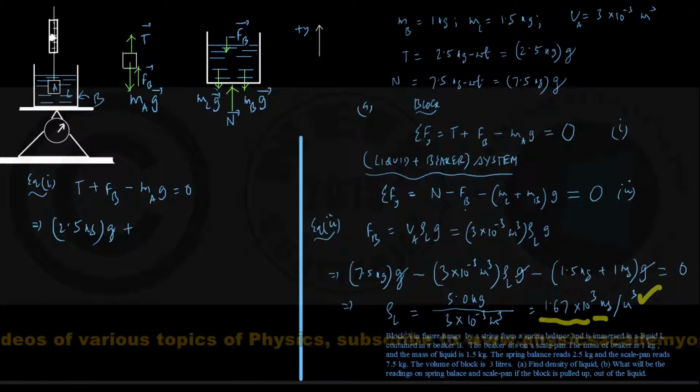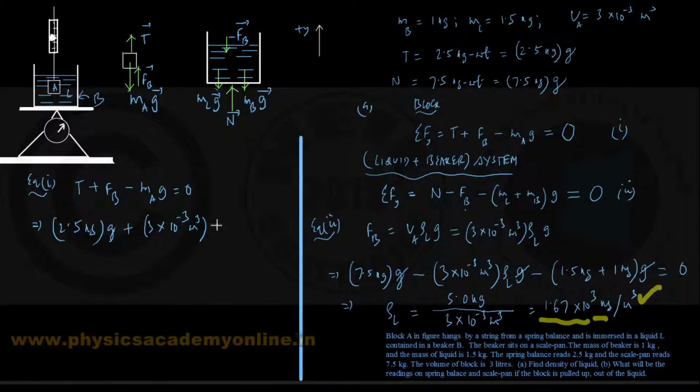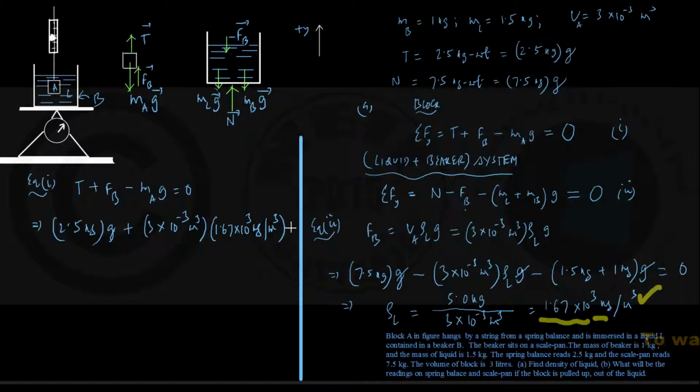So this is 3 into 10 to the power minus 3 meter cube, the displaced liquid volume, into the density of the liquid rho_L, which we calculated just now, 1.67 into 10 to the power 3 kg per meter cube, into g, free fall acceleration, minus the unknown mass of the block A into free fall acceleration is equal to 0.